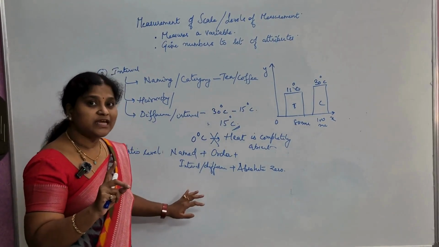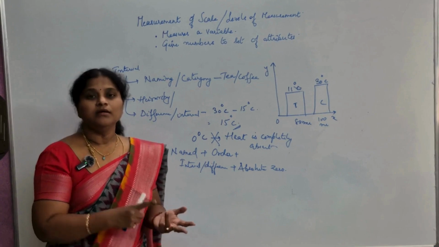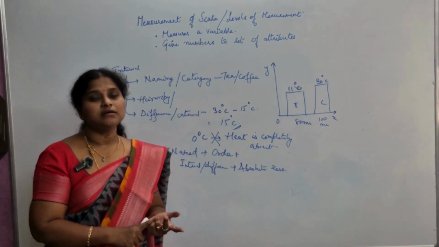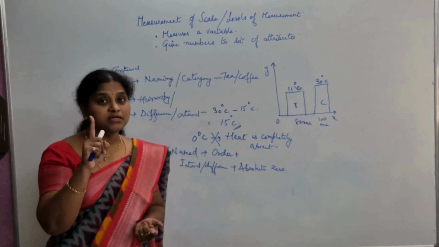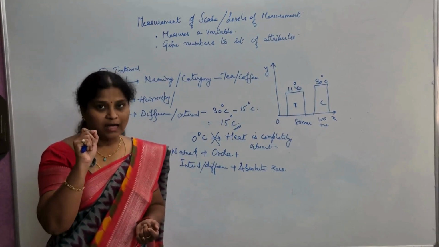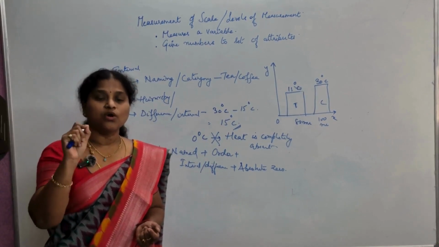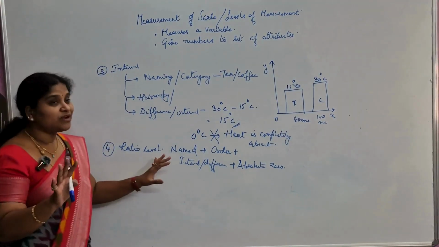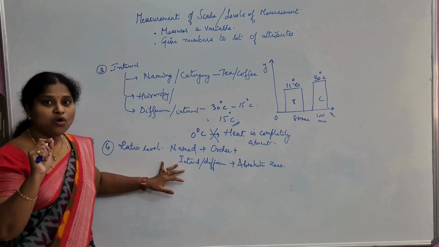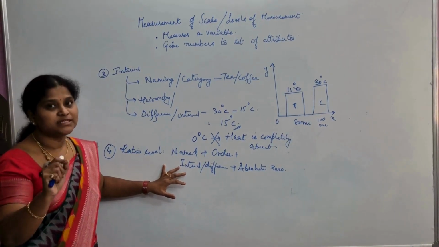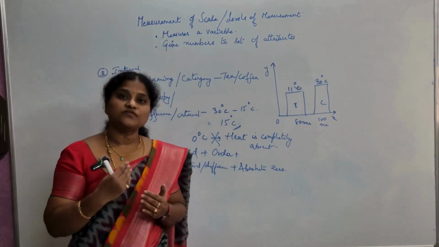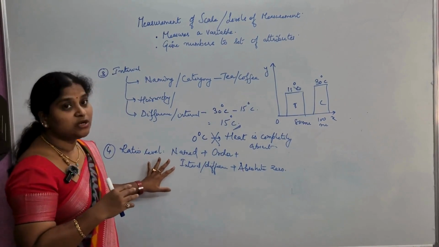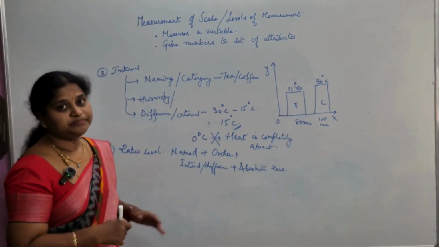And the last one is the ratio level, where naming, ordering in a hierarchy, and intervals are there, and absolute zero can also be observed. So out of the four that we have seen, the ratio level has the utmost efficiency and precision, and the most statistical tools can be applied at the ratio level of measurement of the variable.